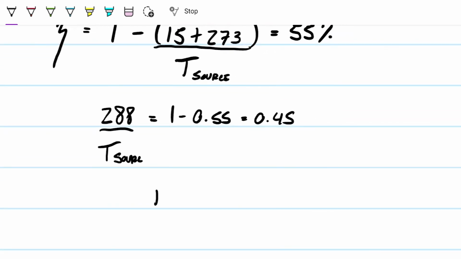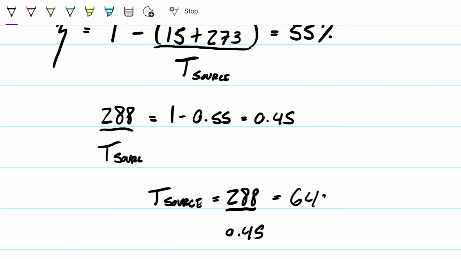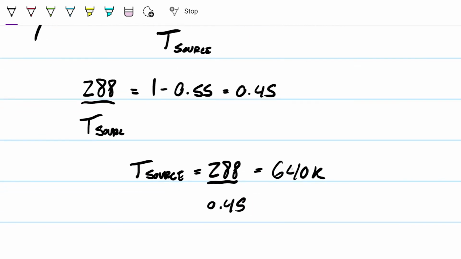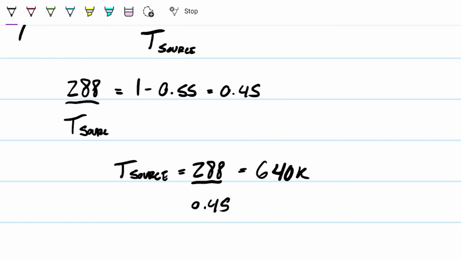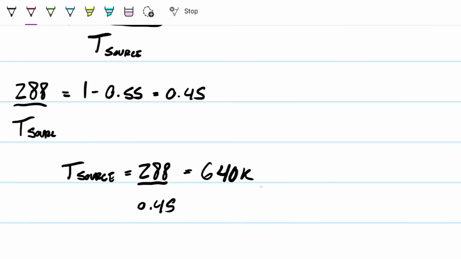So therefore T source will just be 288 divided by 0.45, which is 640 Kelvin, right? See, keeping the same units. Note that here, this has the units of Kelvin, this has no units, so the units are kept. So this has to be the temperature of the source for this given heat engine.